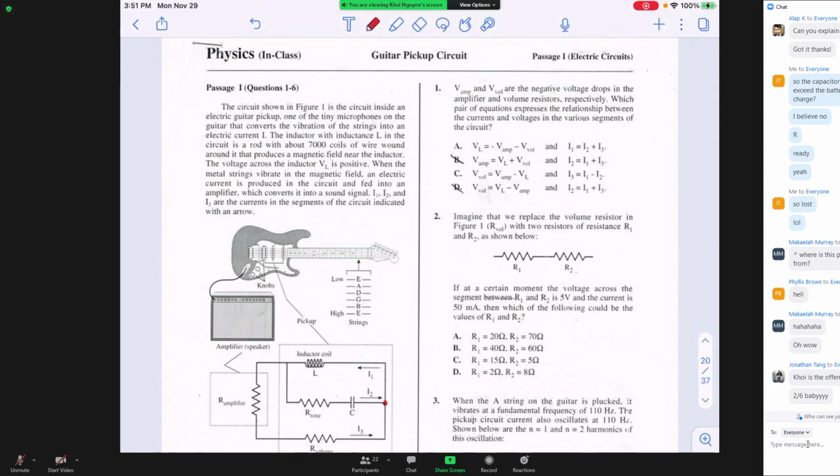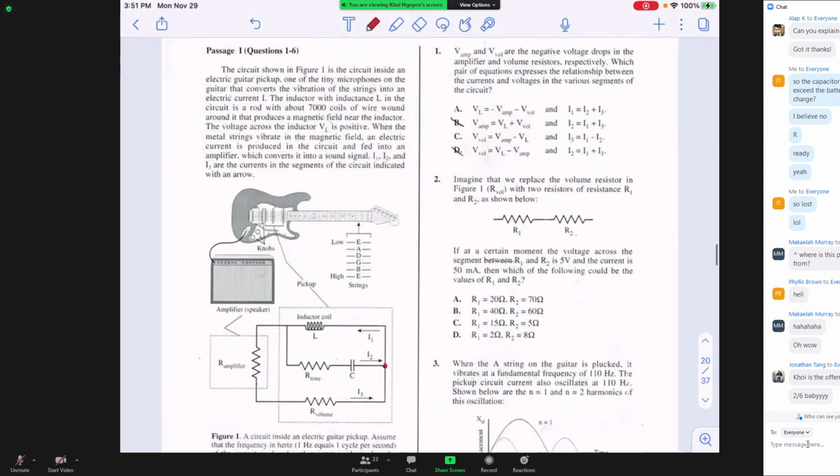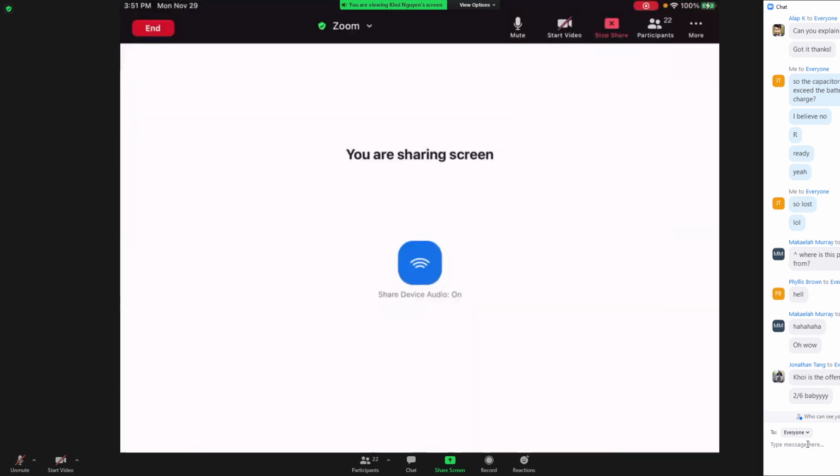And then if we look at the voltage of the volume and the voltage of the amplifier, they're in the same part of the loop, here and here respectively, so they should have the same sign. The volume and the amplifier will be different in C, which is why C is wrong and why A is correct. Okay? Just looking at circuit analysis for number 1. Does that make sense?